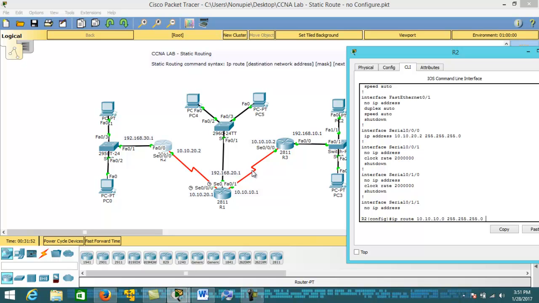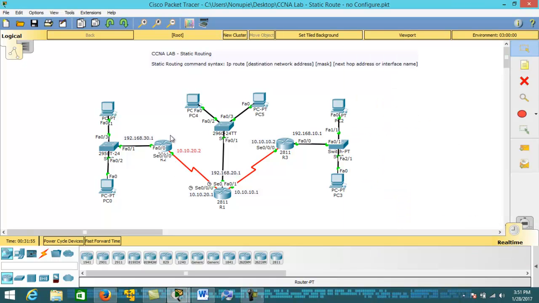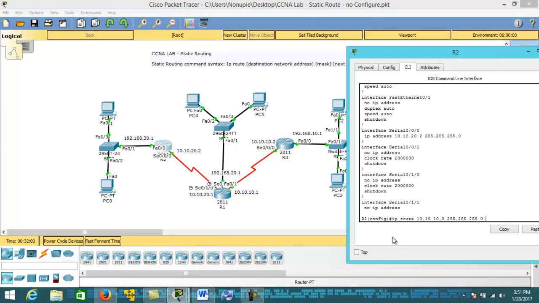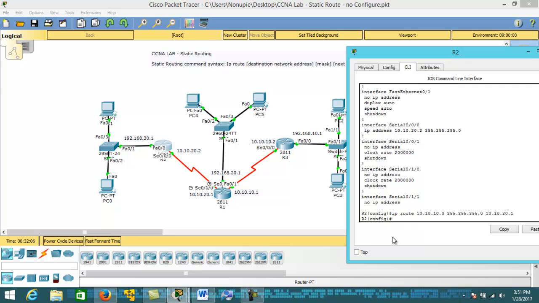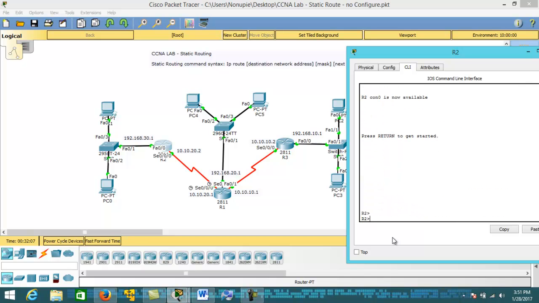If you want to use the exit interface, just type the name of the exit interface. If you want to use the next hop address, the next hop address will be 10.10.20.1.